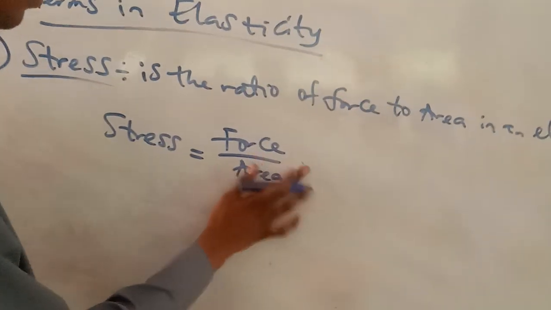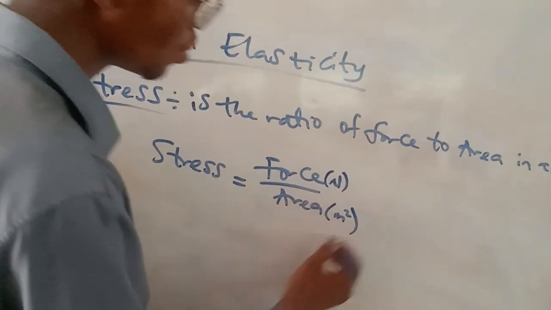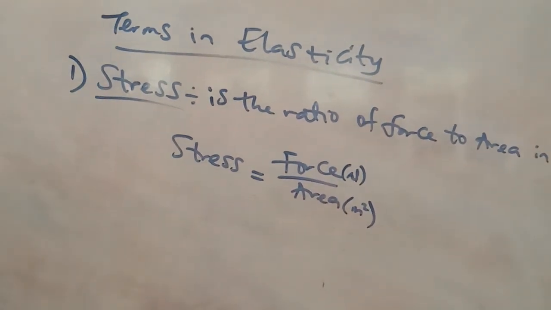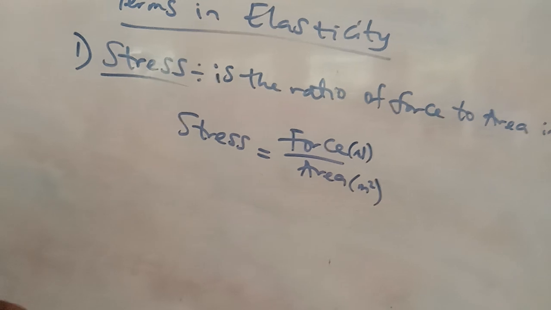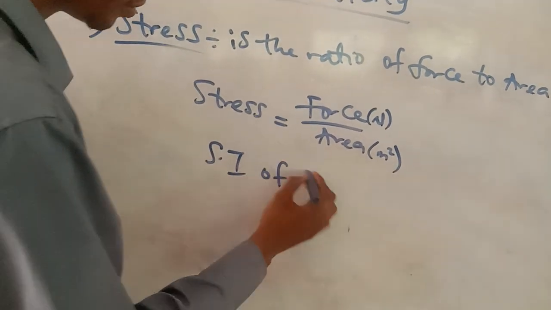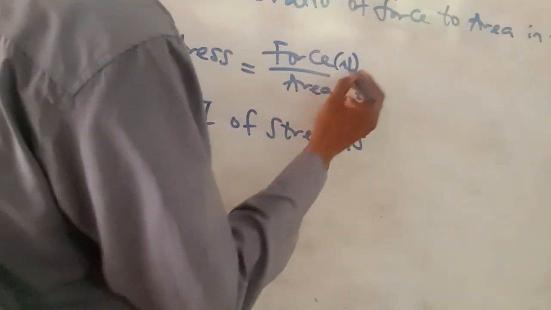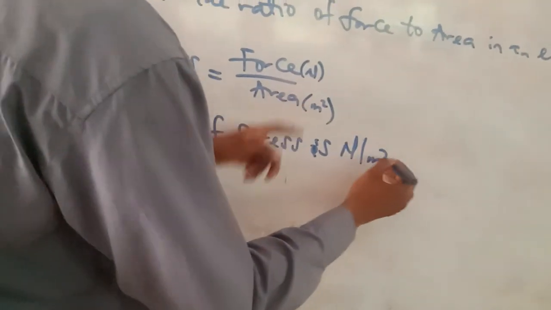The SI unit of force is what? Newton. The SI unit of area is what? Meter square, or is it centimeter square? Now they can ask you what is the SI unit of stress. Therefore, the SI unit of stress is what? Newton per meter square.